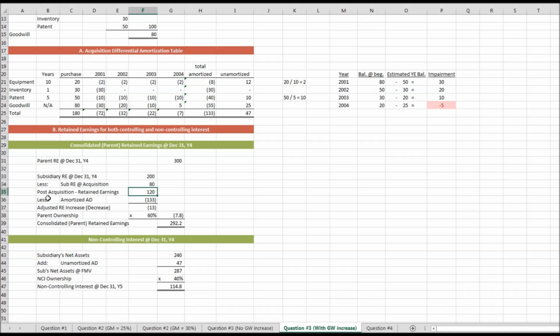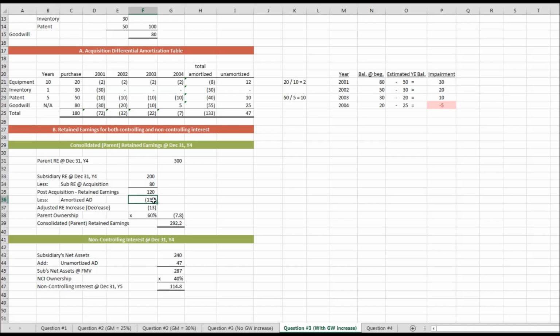All right, and now we have to take out our amortized acquisition differential. So remember, the amortization hits the income statement. So if it hits the income statement, it shows up as an expense. Since we haven't been expensing this on a regular basis, and we're consolidating right now, we have to recognize that expense in retained earnings, since the income comes over to retained earnings.